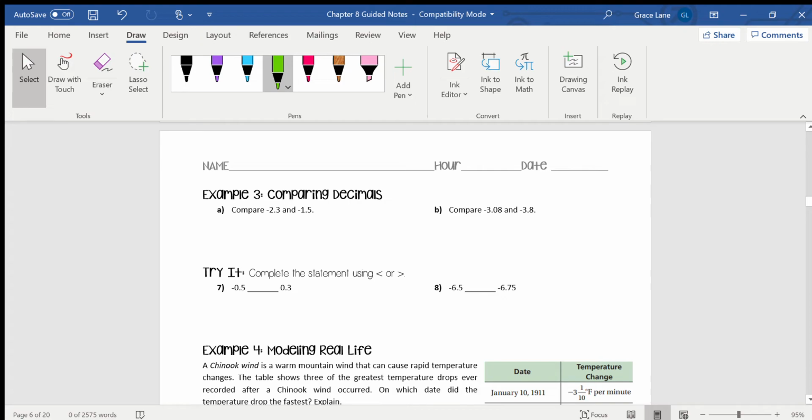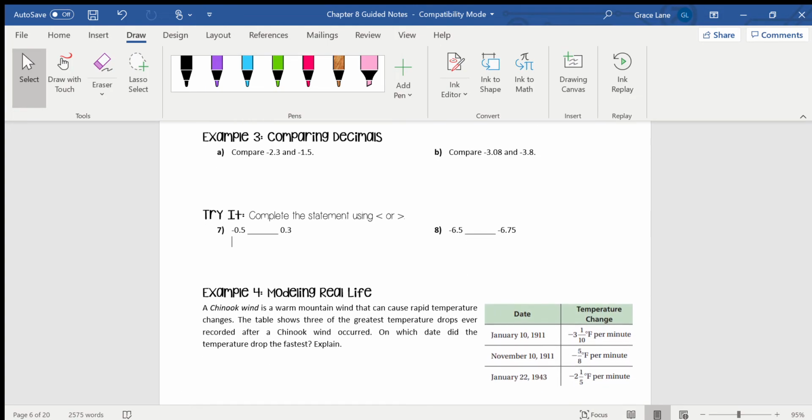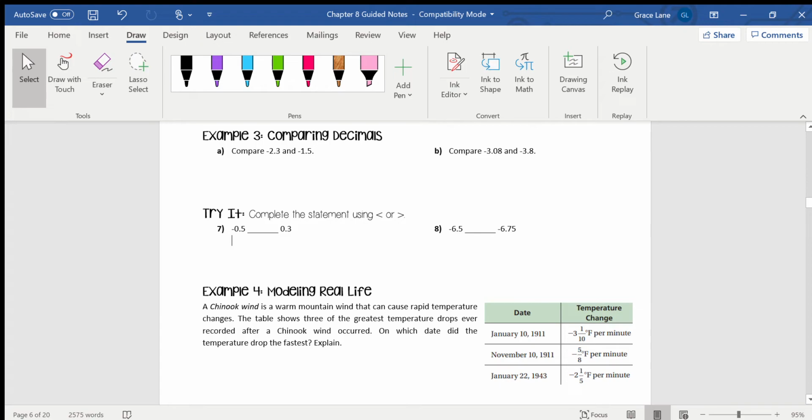Okay, comparing decimals you might think is a little bit easier because you can kind of think of decimals like money, and the numbers after the decimals are like your change, how many cents you have. So for letter A, if we're comparing negative 2.3 and negative 1.5, it's like you're comparing $2.30 and $1.50.